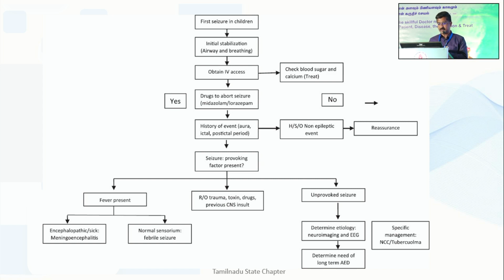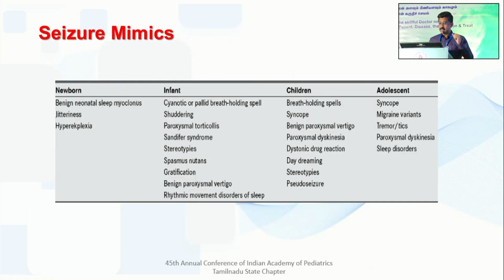If it is a pseudo seizure, give reassurance. If it is a true seizure with fever in a sick child, you have to rule out meningoencephalitis, or febrile seizures if the sensorium is normal. Other etiological history you have to go about. In case of unprovoked seizure, you try to find the etiology by imaging and give specific management. Each and every aspect we'll be discussing in detail.